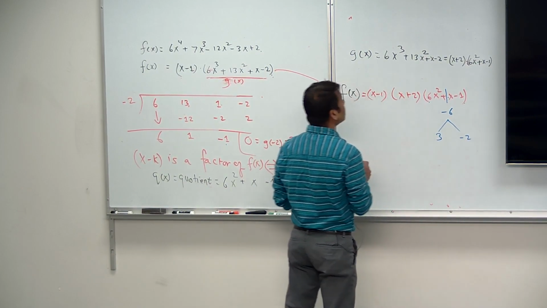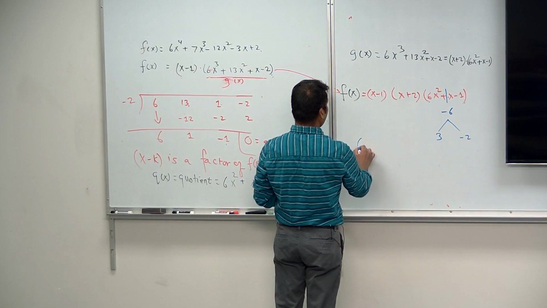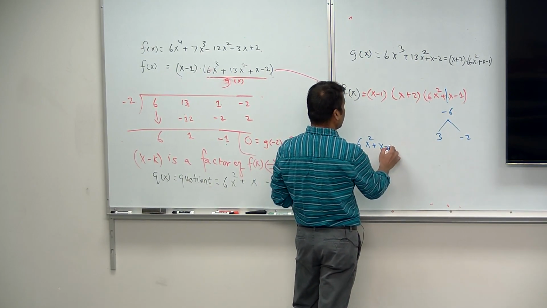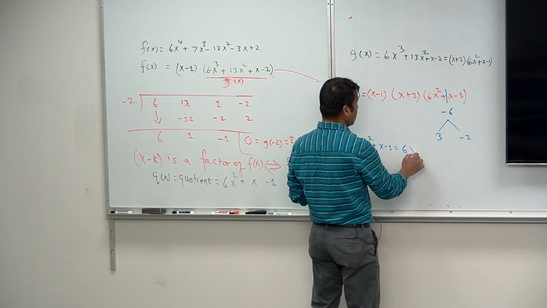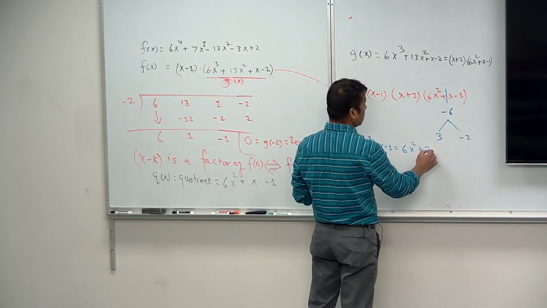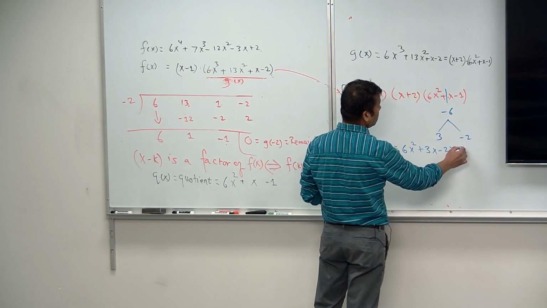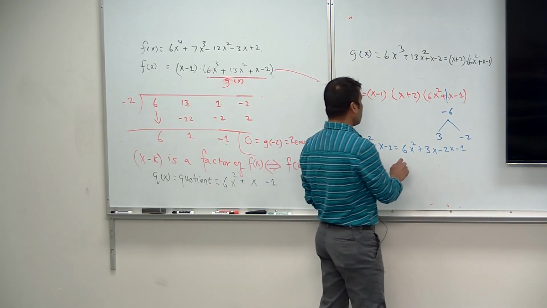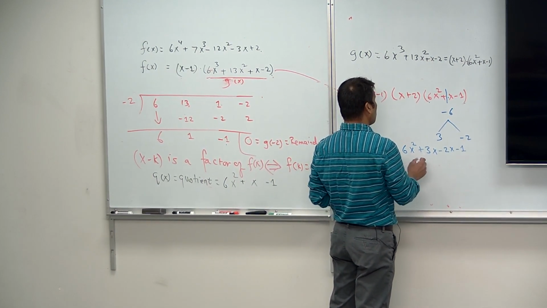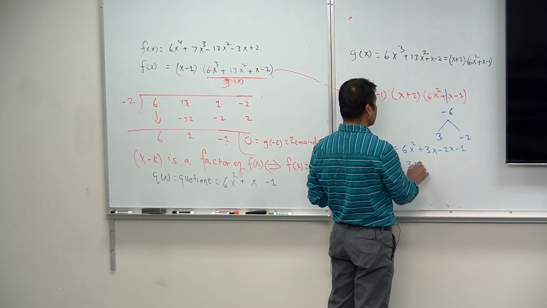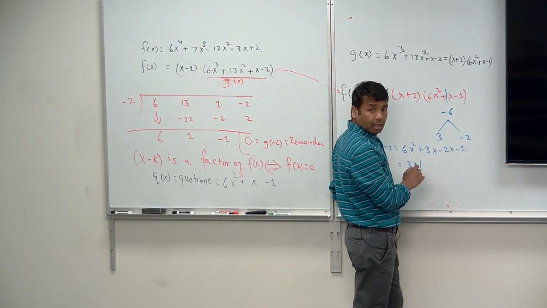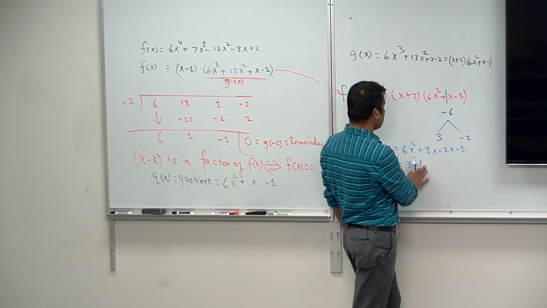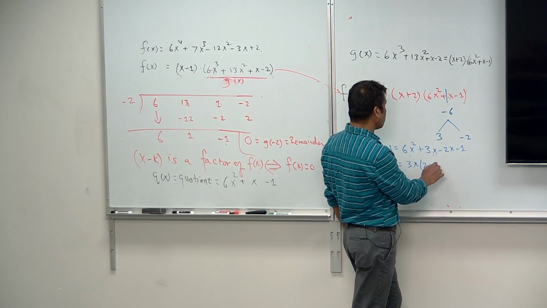So now, let me factorize 6x squared plus x minus 1. It is going to be 6x squared plus 3x minus 2x minus 1. Right? So now, what can you factor out here? You can factor out 3x. Are you guys with me? So now this is 2x plus 1.